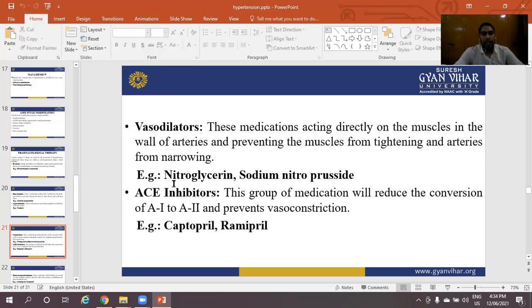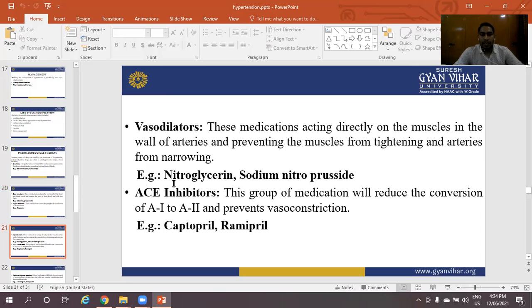Vasodilators. Vasodilators act on the blood vessels and dilate them. These medications act directly on the muscles in the wall of the artery, preventing the muscles from tightening and the artery from narrowing.